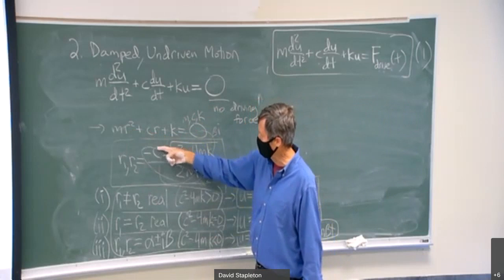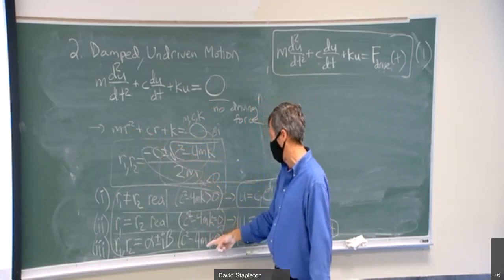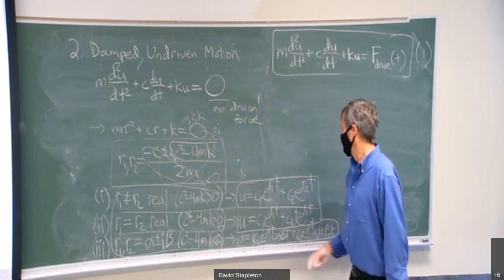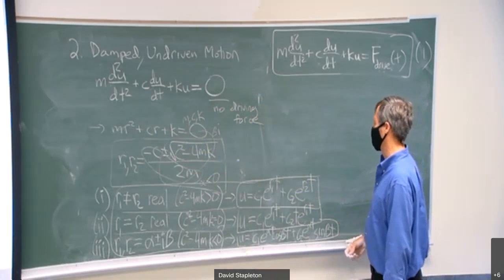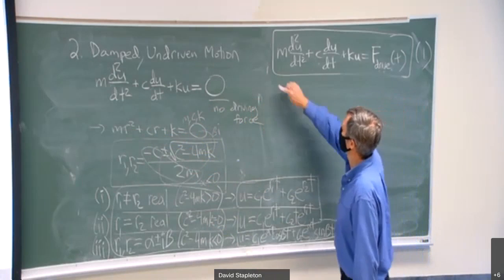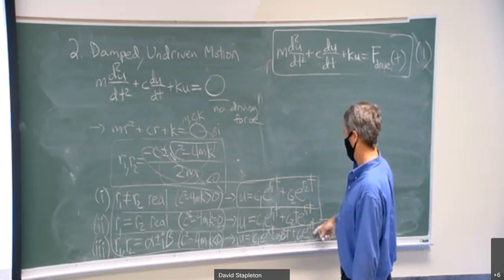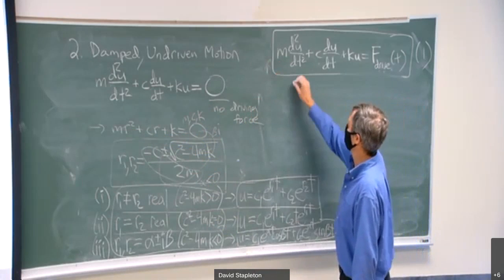Since they're all positive, minus c over 2m is negative, and alpha is always negative. And this is damped motion, which is what you'd expect from a damper, right? So sometimes it's having intuition though. But what you now get is these three cases.